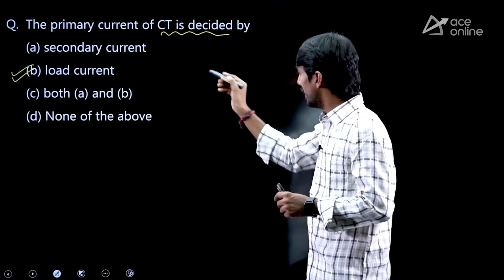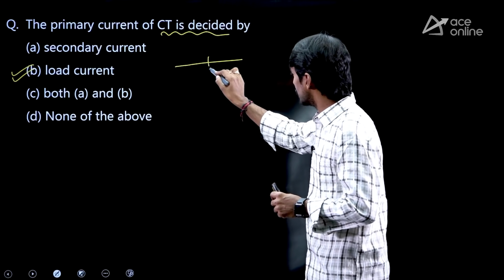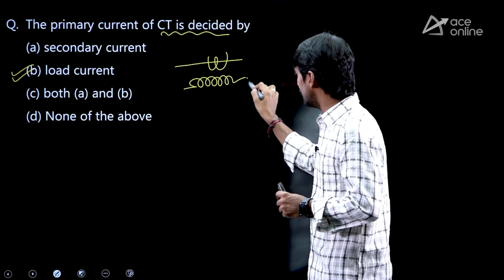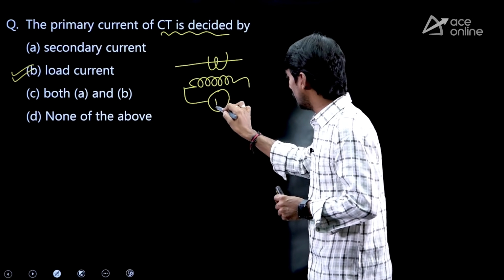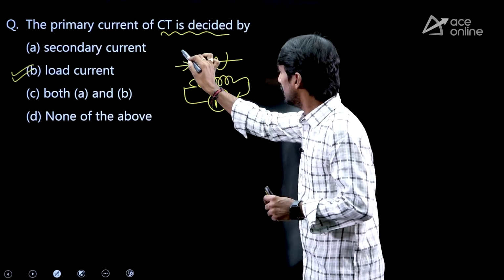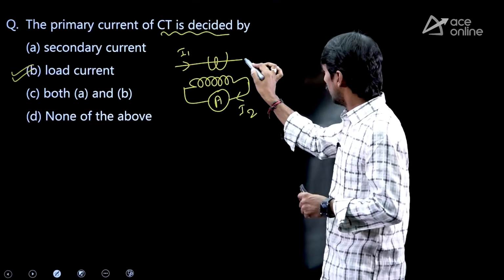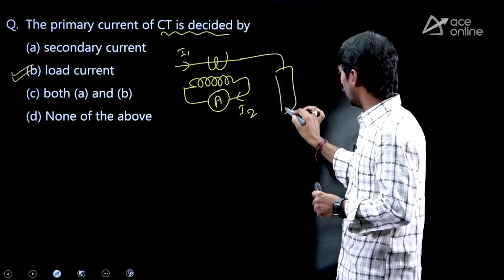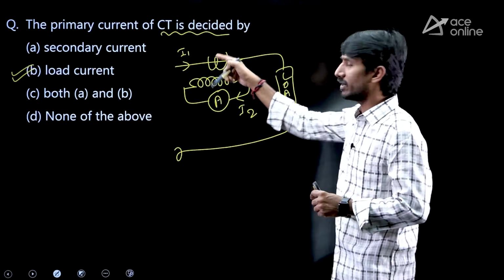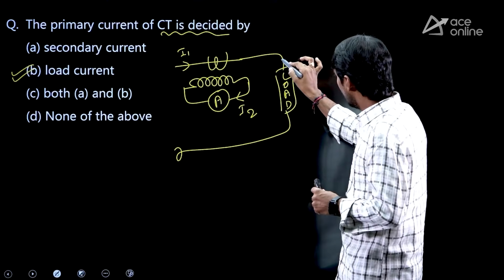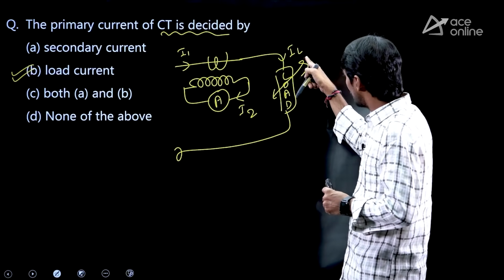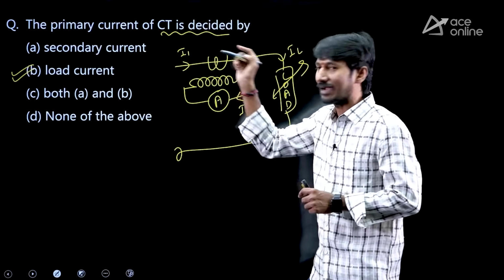So therefore, load current. If the load is changed, current will be changing, that current only is passing through the CT. Just for idea purpose I am giving, suppose this is the CT primary, this is the CT secondary, and here ammeter, right? So this is the current I2, this is the current I1. Now this will be connected to some load, right? Whatever the load current is there, that is what we need to determine. Therefore, if the load is varied, load current will be varied, that load current only is the current I1.